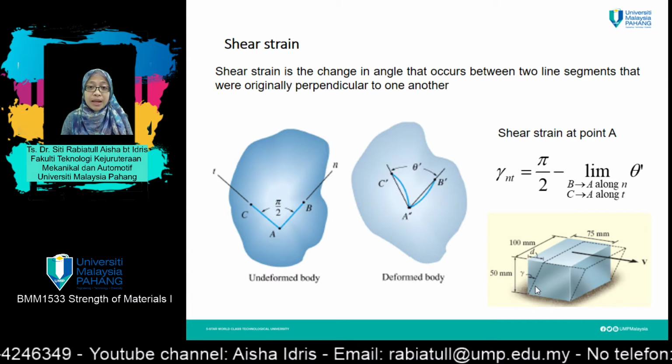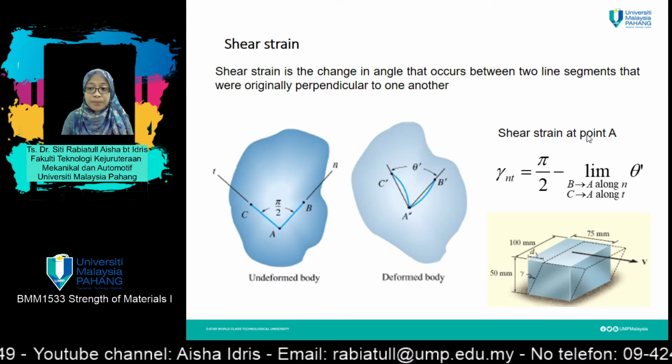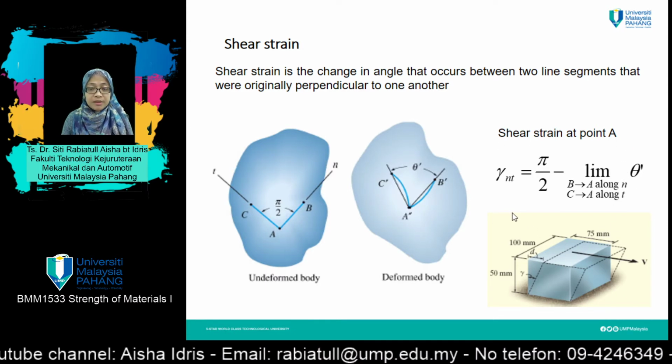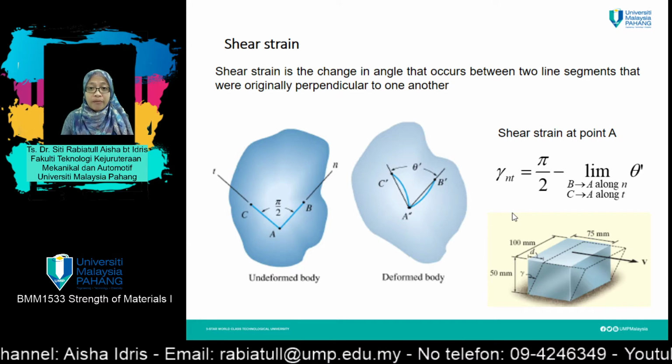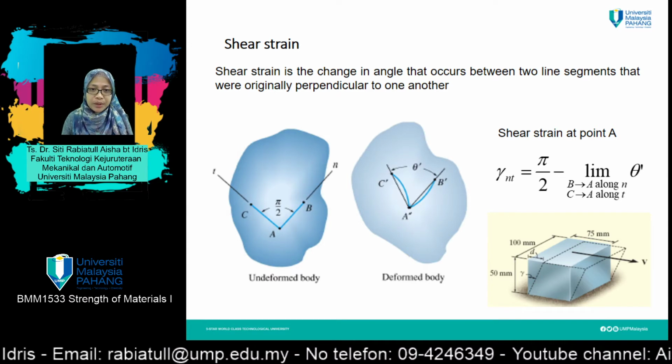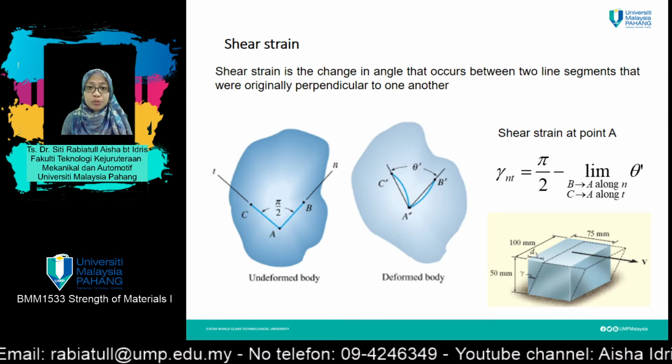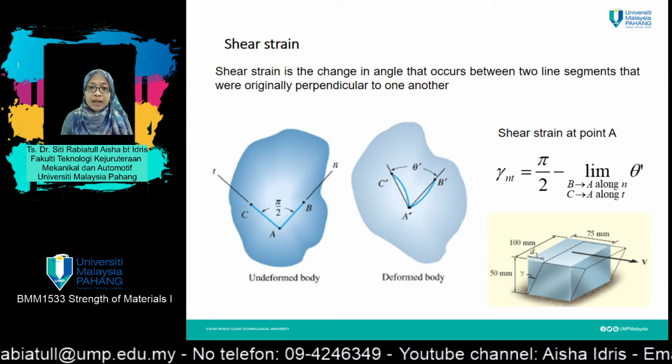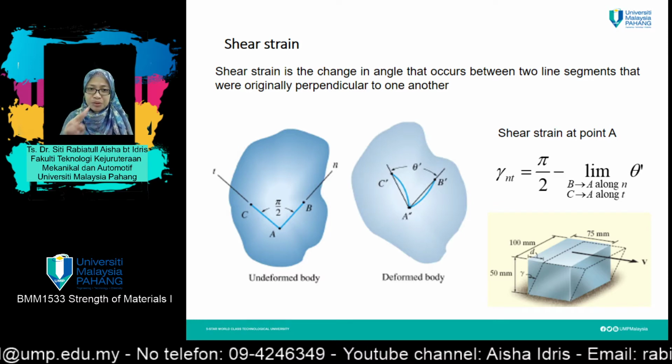That is known as shear strain, and the formula you can see as stated in the slide here. However, for now we are not going to calculate the value of shear strain, but you are going to continue to calculate the value of strain in SOM 2.